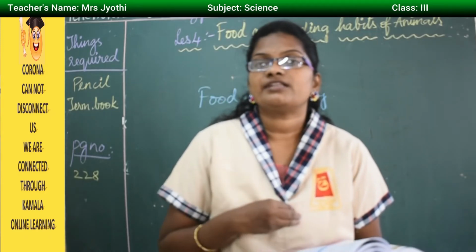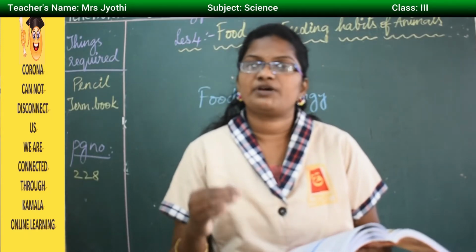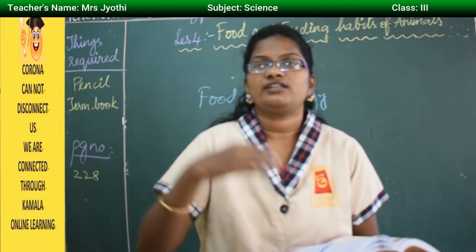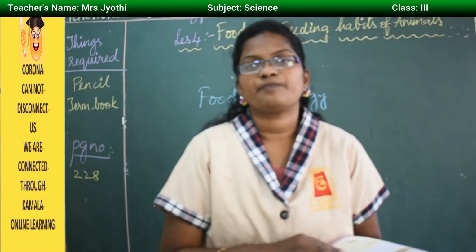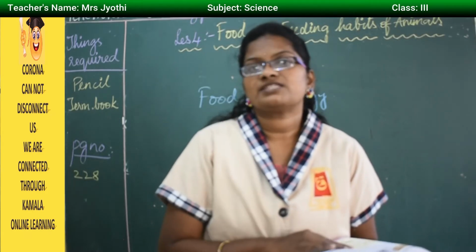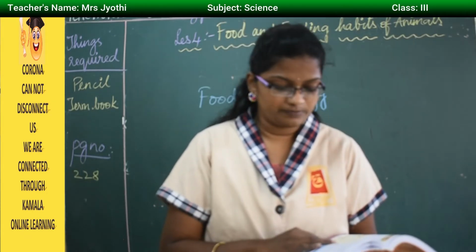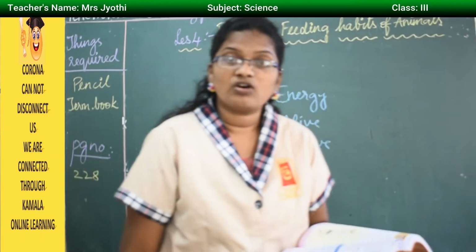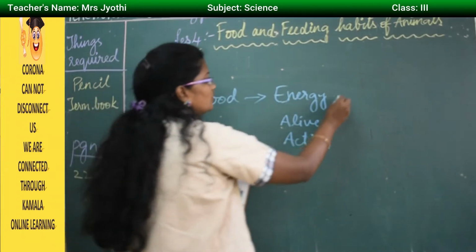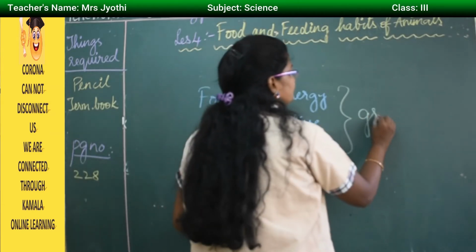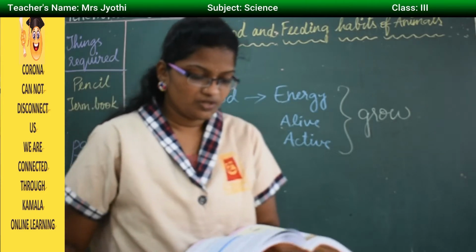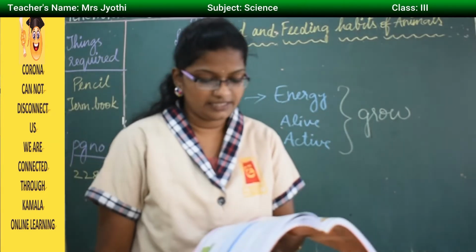By taking food continuously day by day, we grow to some extent. Till death we don't grow continuously; up to some extent we grow and then we stop. So food not only gives us energy, it also helps us to grow and stay healthy.